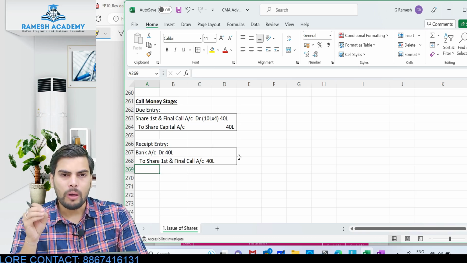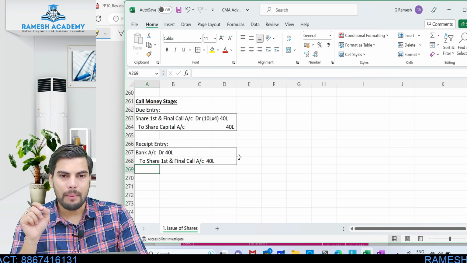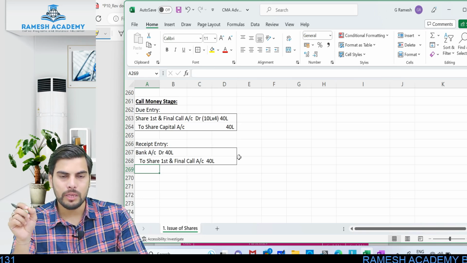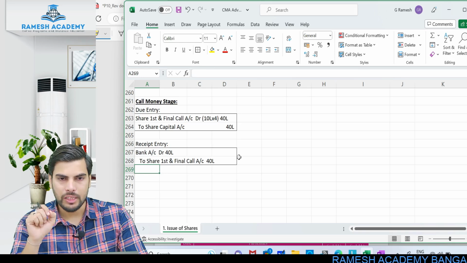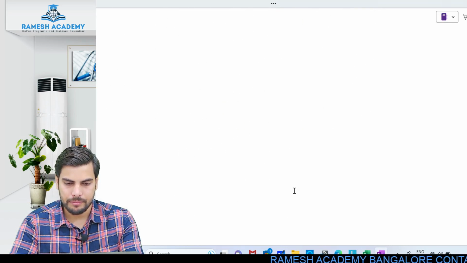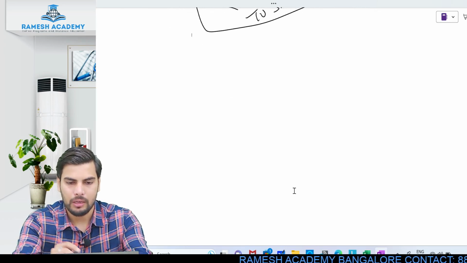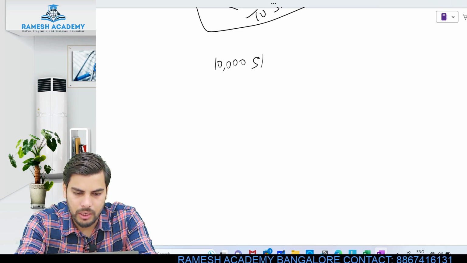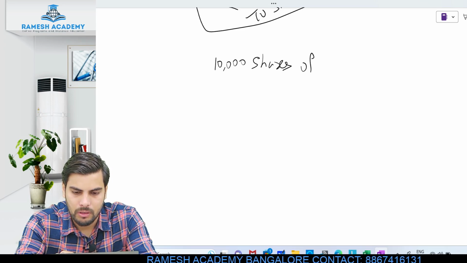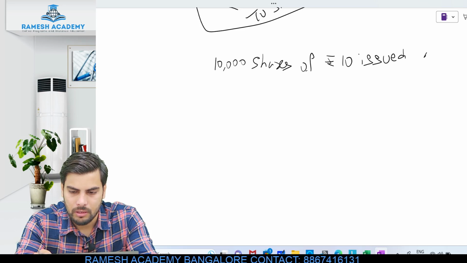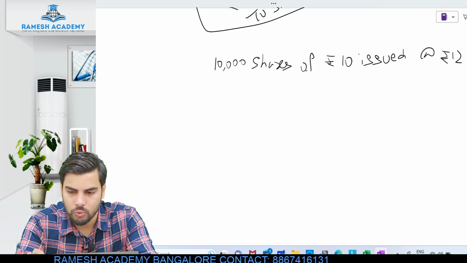Now, what are we supposed to do with this premium? Always remember that share capital represents the nominal value or face value. Share capital should always be represented at nominal value or face value. So let's say I'm issuing 10,000 shares of rupees 10 issued at rupees 12.